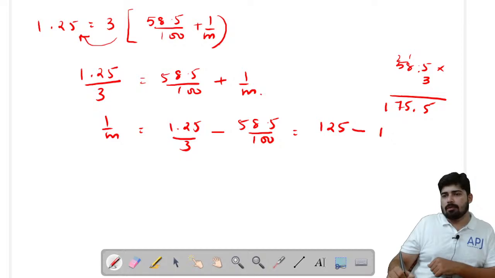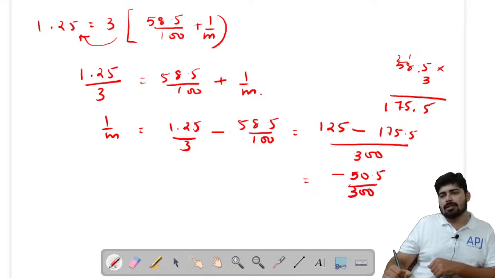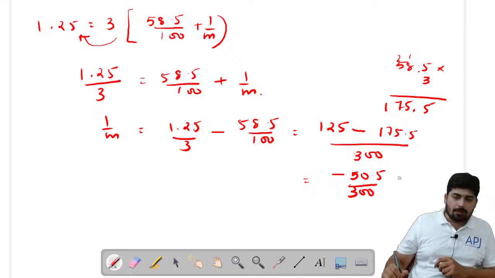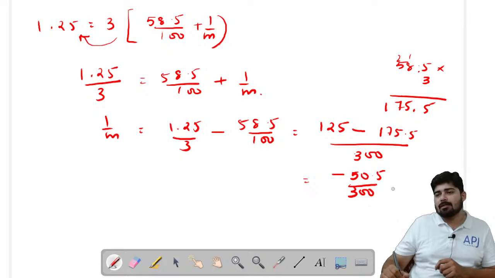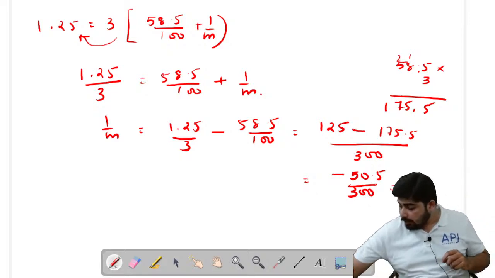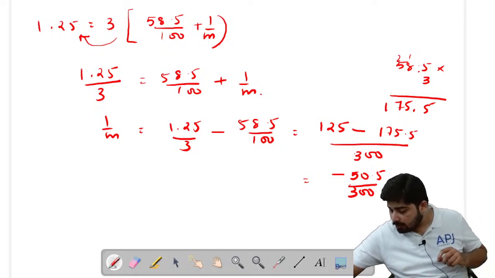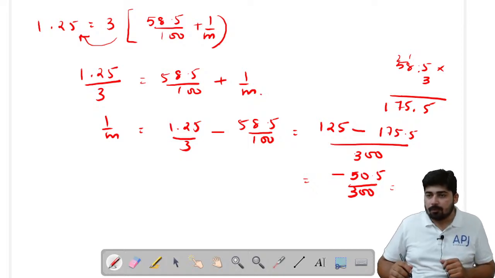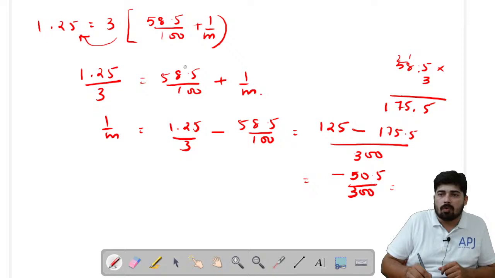Okay, so it is 175.5 divided by 300, minus 50.5 divided by 300. See, in the concentration terms, we need not focus on this minus, right? So just find out the answer here. You can just directly divide it. So nearly you will be getting the answer as 0.358, 1.25 divided by 58.5 by, here it was 1000.